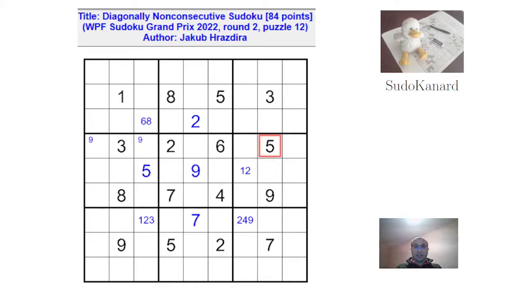This 5 and this 5 place a 5 here, and those must be 1, 3, and 8. This can't be an 8. This can't be a 3. This can be any one of them. There has to be a 7 up there.